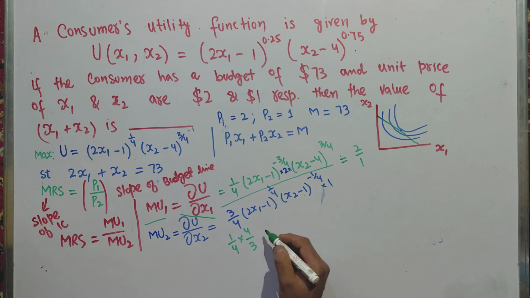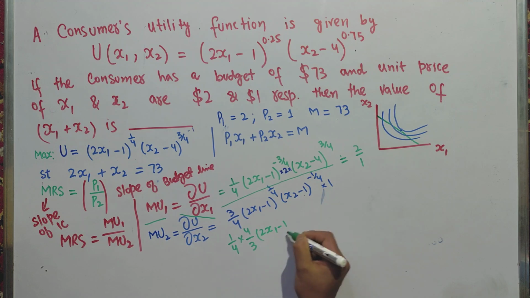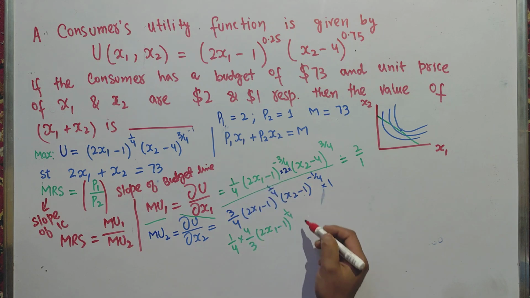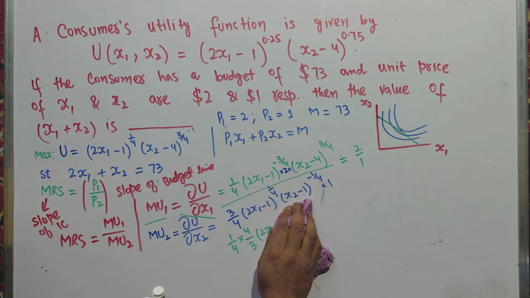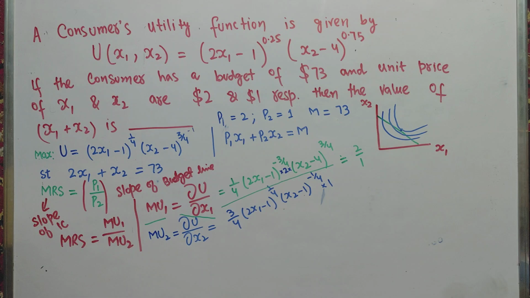Okay, so let's write it here. (2x1 minus 1) raised power 1 upon 4. And when we transpose this to numerator, okay, so let me rewrite it here. It is getting messy here.